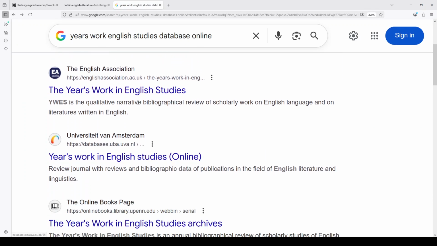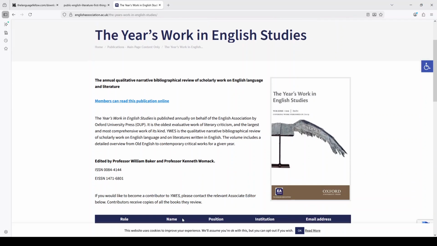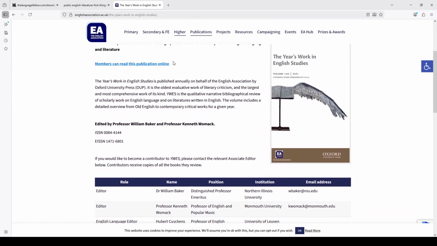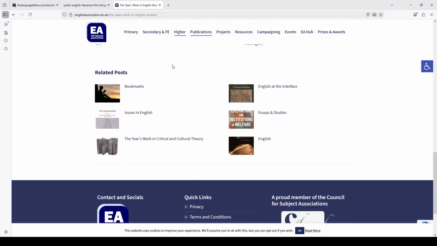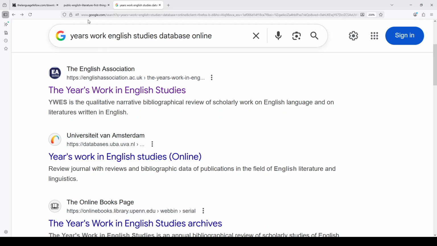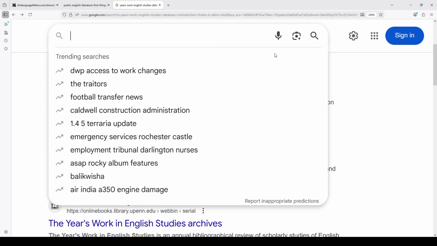So that's one. And you could have things like, members can read this publication online. Okay, so you will have to have a subscription. I'll try to look at something which is available for everyone.